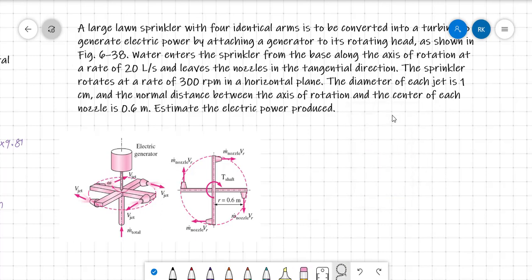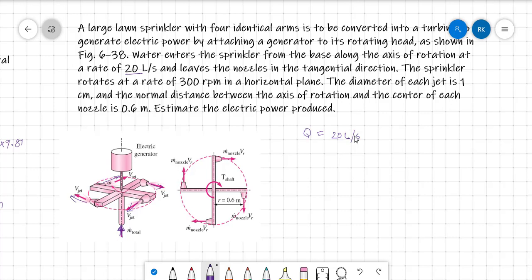So here water is supplied from this point, and from 4 nozzles the water comes out with a velocity. So first let me write the given data. Water enters the base at 20 liters per second. So discharge is equal to 20 liters per second, and it leaves the nozzles in the tangential direction.